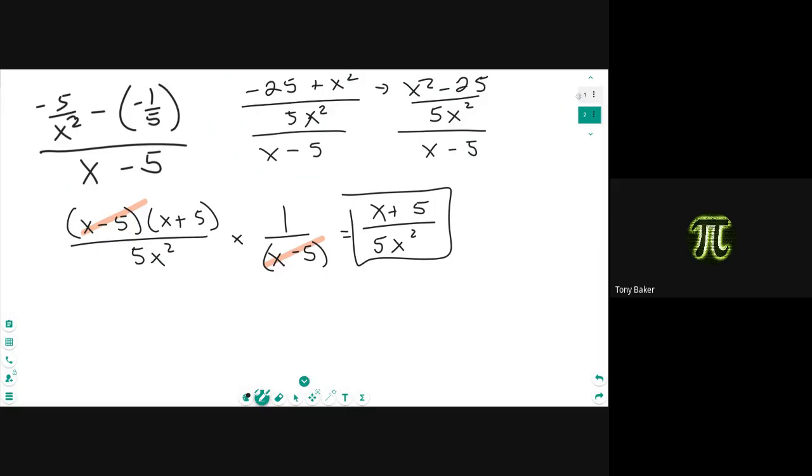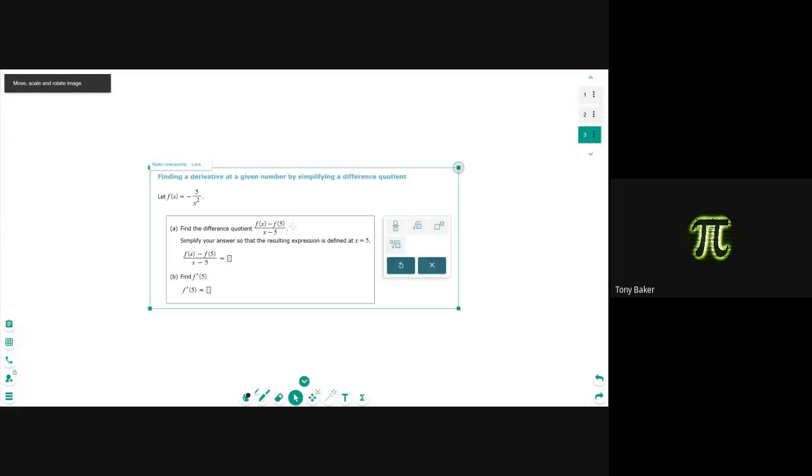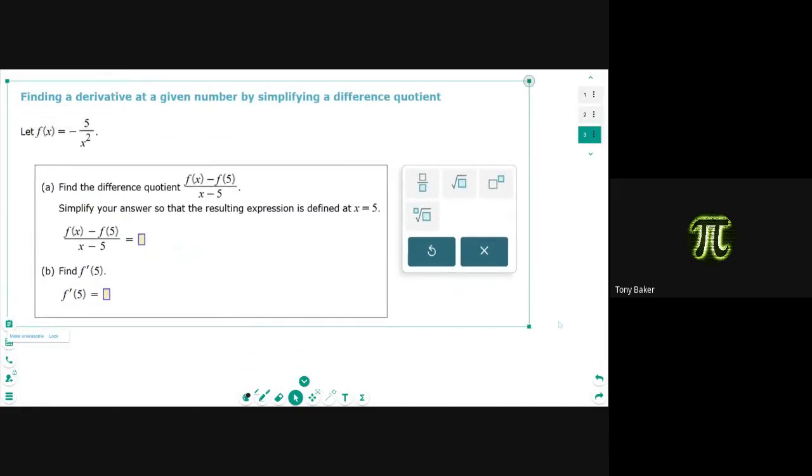The algebra is not going away. The algebra is still going to be here. So is that the answer? That is the answer for the first part.